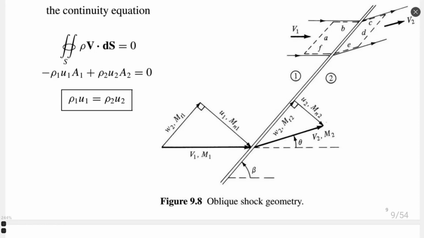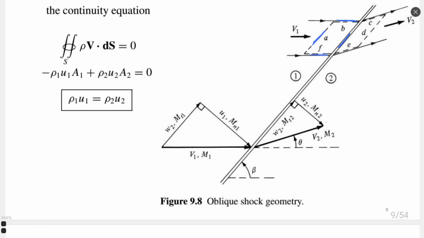What is the geometry of this control volume? The control volume has two edges parallel to the shock wave. Edge A is parallel to the shock wave, and edges F and B are parallel to the flow. It is made this way because in such a case we can significantly simplify our flow model.